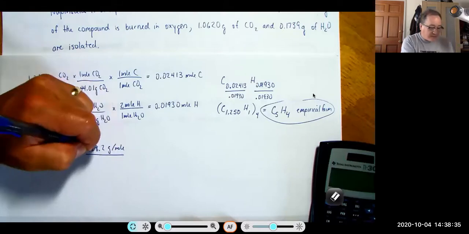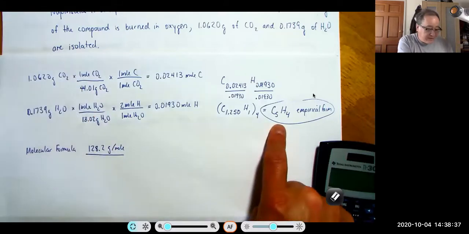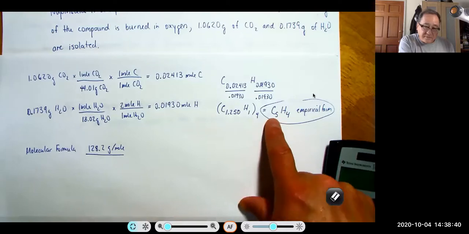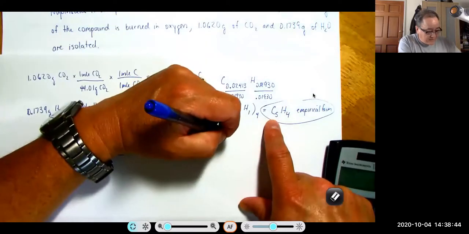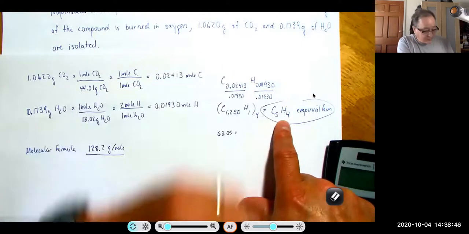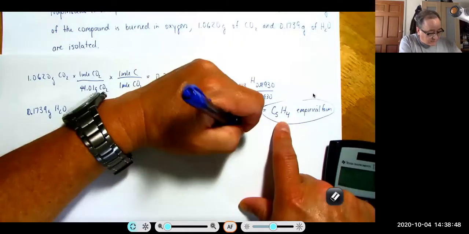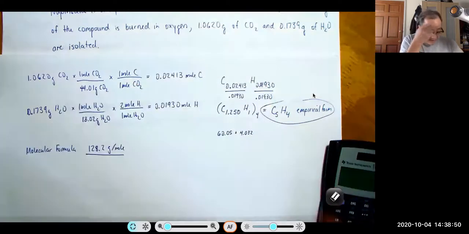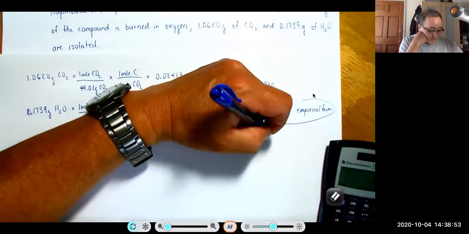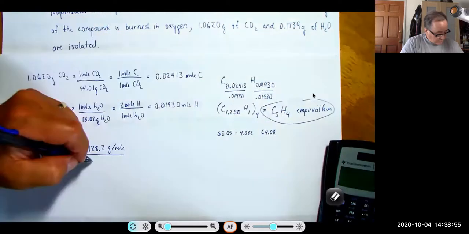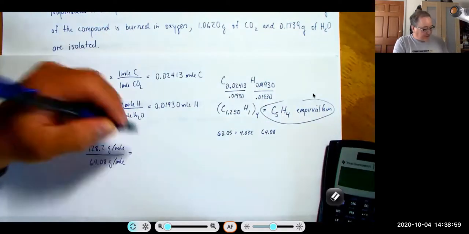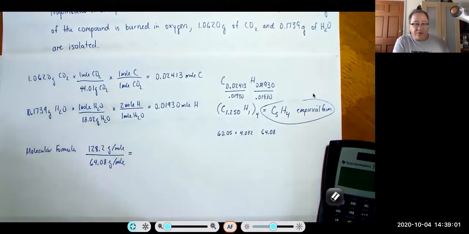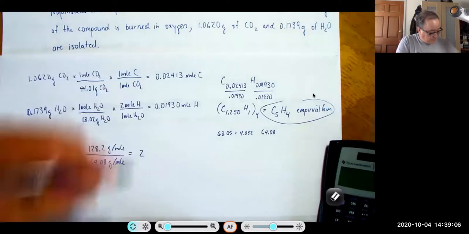And we're going to divide by the molar mass of this. 5 times 12 is what? 60.05. 4 times 1.008 is 4.032. Add the two together and you get 64.08. So 64.08 grams per mole. And here you can see that even if we don't get 2 exactly, it's going to come out really close to 2. So the factor is 2.